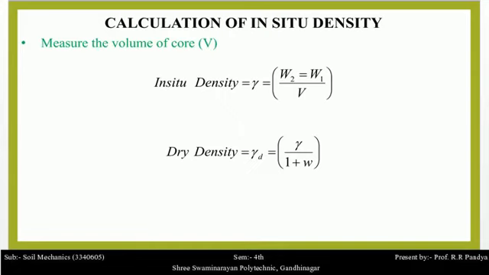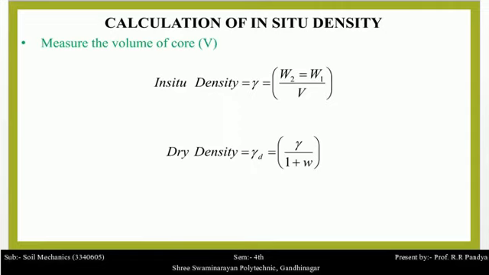In situ density is (W2 − W1) divided by V. V is nothing but the volume of the sample. Dry density: obviously we know the relation between bulk density and dry density. So the dry density equation is gamma B over 1 plus w.